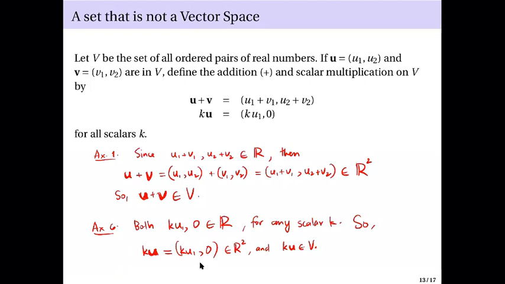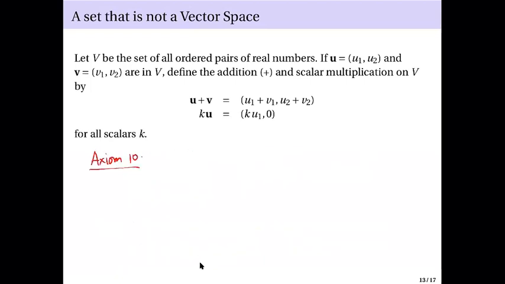So what we're going to show is that axiom 10 is not actually satisfied. And once we've done that, then we see that this set here is not a vector space.